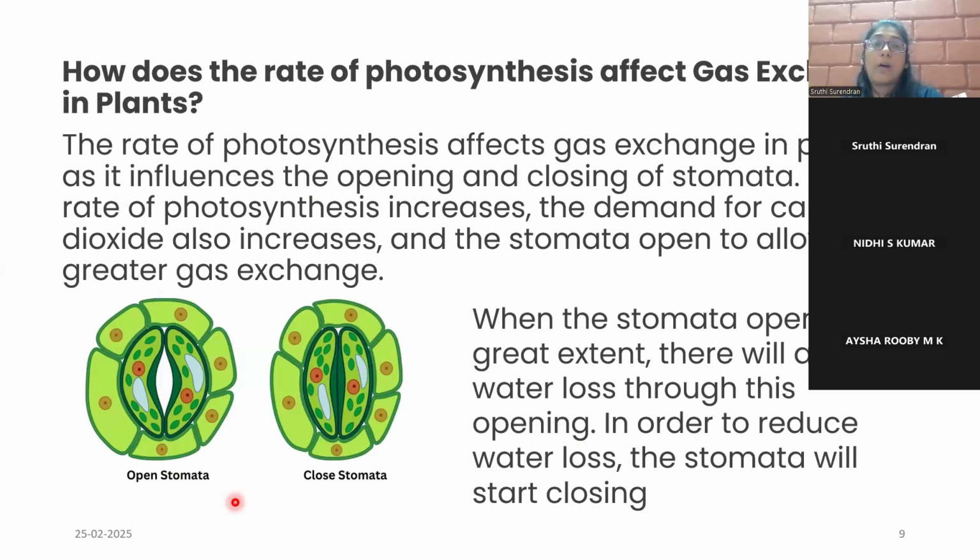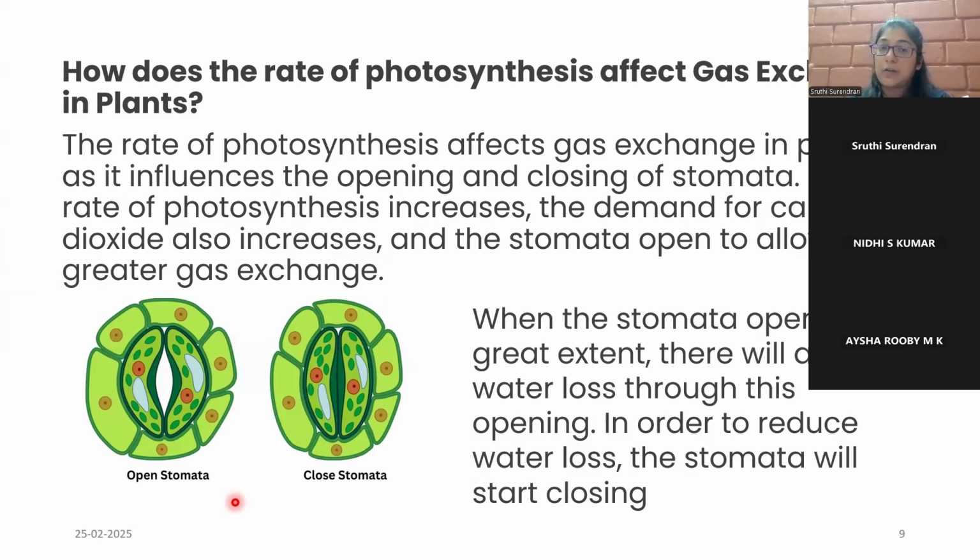Now, how does the rate of photosynthesis affect gas exchange in plants? The rate of photosynthesis is also something that influences the opening and closing of stomata. Say, for a particular rate of photosynthesis, the stomatal conductance, or the opening of stomata, is going to be at a certain degree.